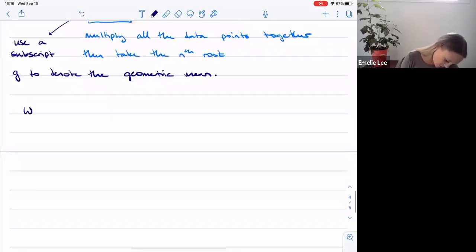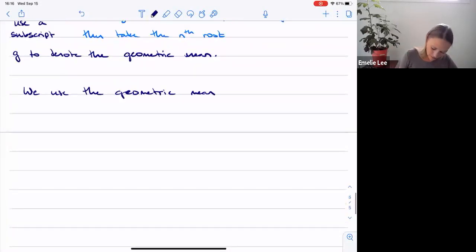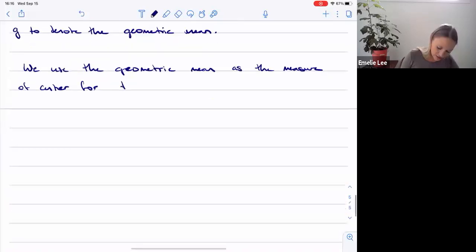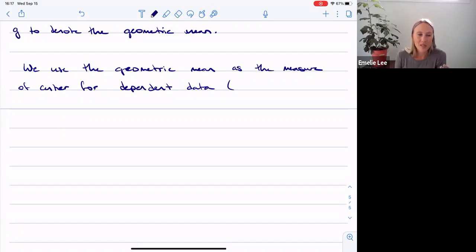And so we use the geometric mean as the measure of center for dependent data, right? So daily stock prices, for example. Day 1, day 2, day 3, those stock prices are dependent on the previous day.